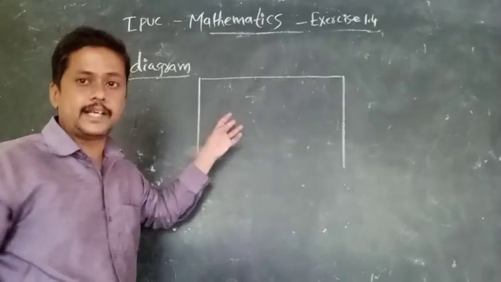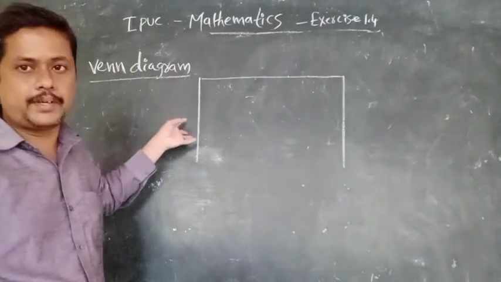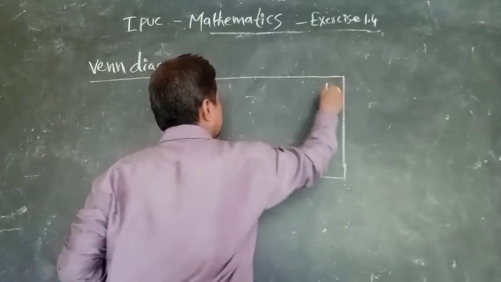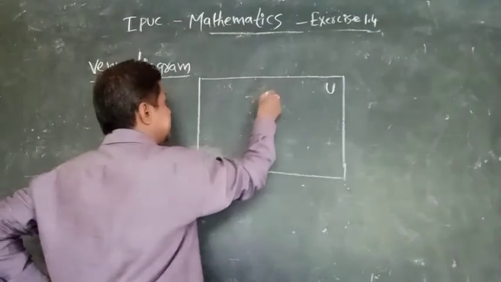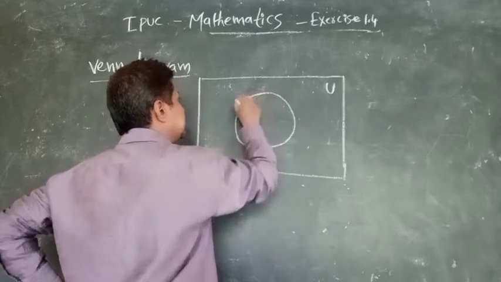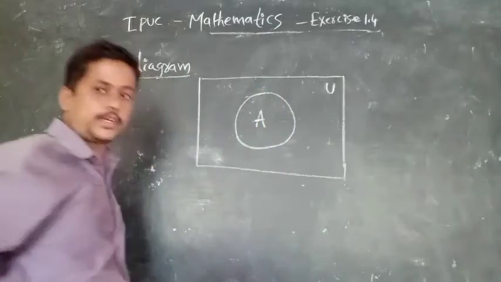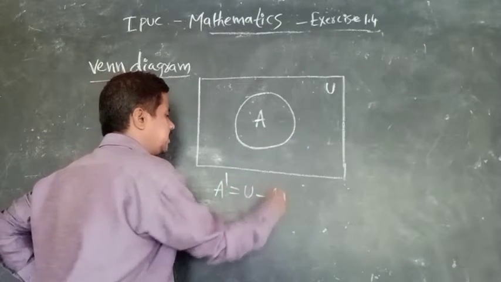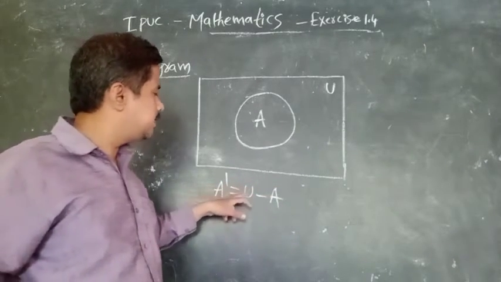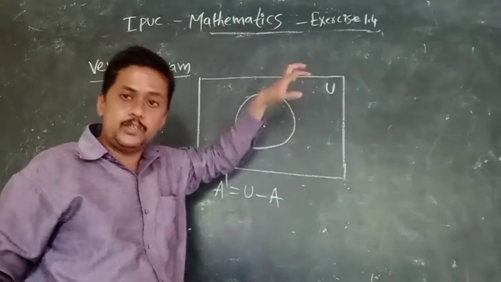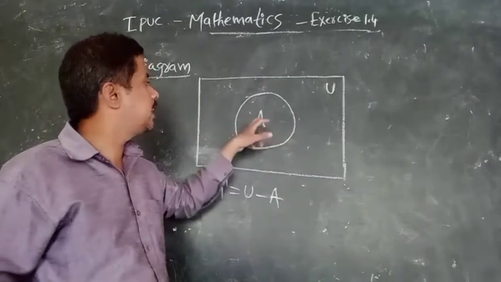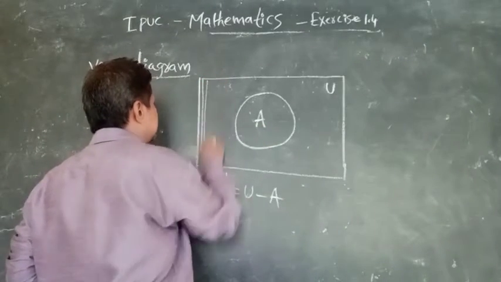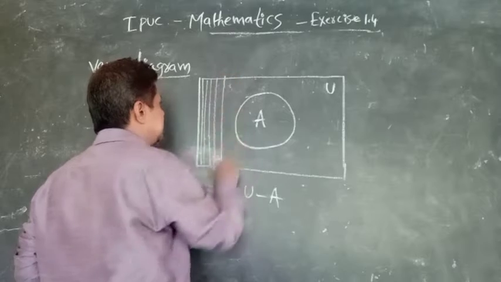See next, Venn diagram of complement. Okay. Let us consider this is the universal set. And this is the set A, this one. Okay. So what is A dash? A dash is equal to what? U minus A, na. So you have to eliminate A from U. It is contained in U but not in A. So you shade all these things.